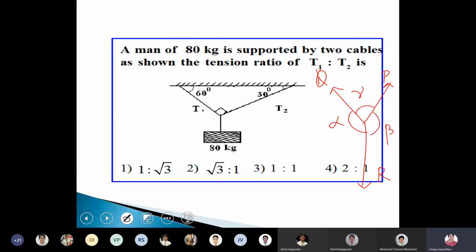P by sine alpha must be equal to Q by sine beta, which is equal to R by sine gamma. Now the only thing is that you have to find alpha, beta, gamma. It's just mathematics. Once you find alpha, beta, gamma, then it will be easy for you to apply Lami's theorem.